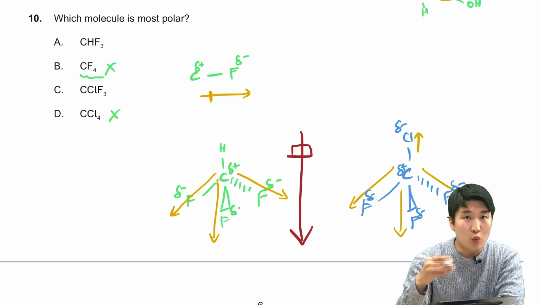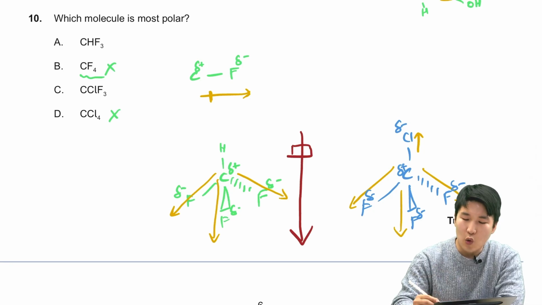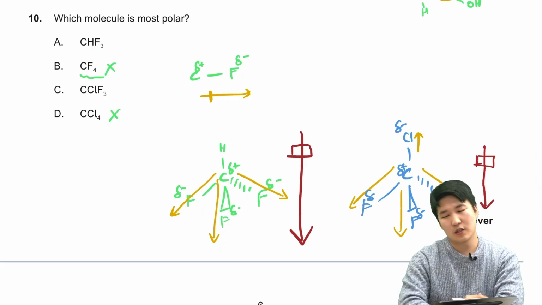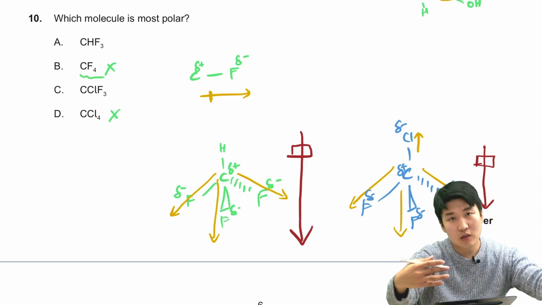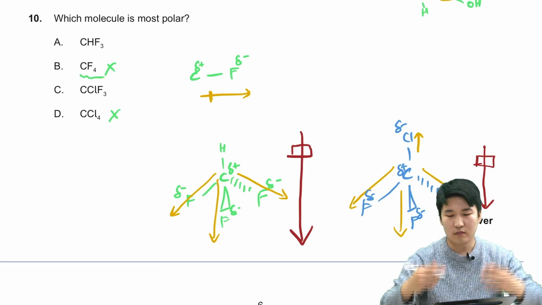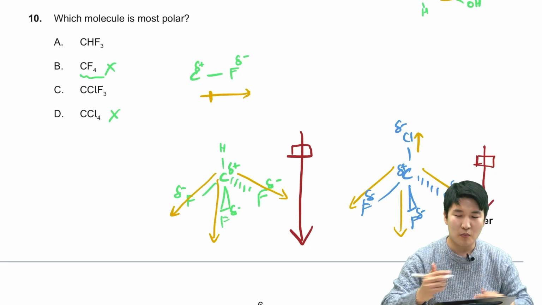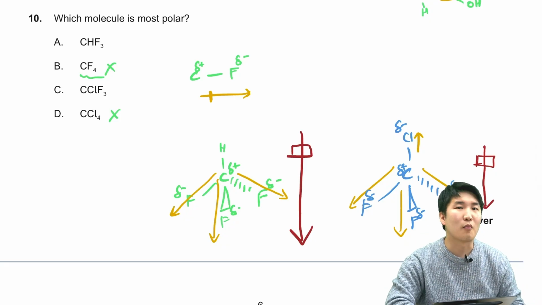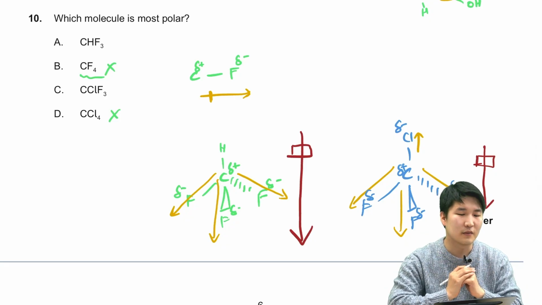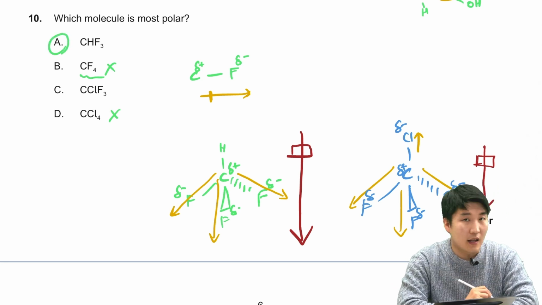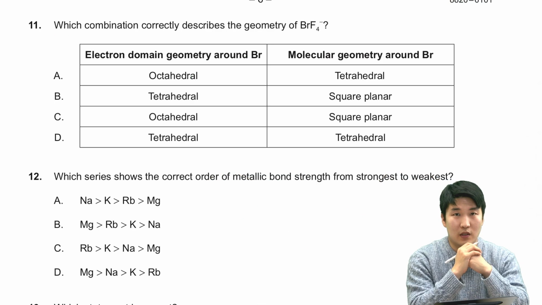The effect of this weaker dipole moment is that the overall net dipole moment will be weaker because the net dipole moment that is from this paper going downwards is counteracted by the upwards dipole moment of CCl, meaning that our answer would be A, not C.